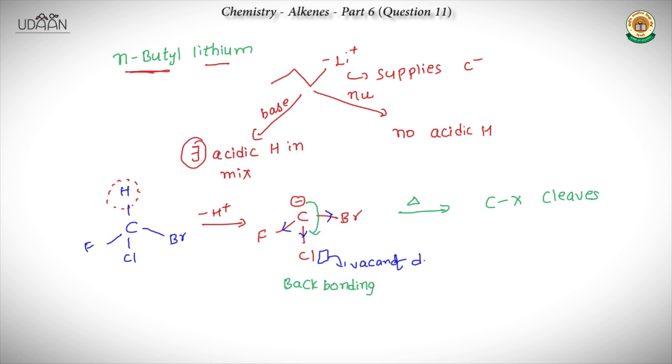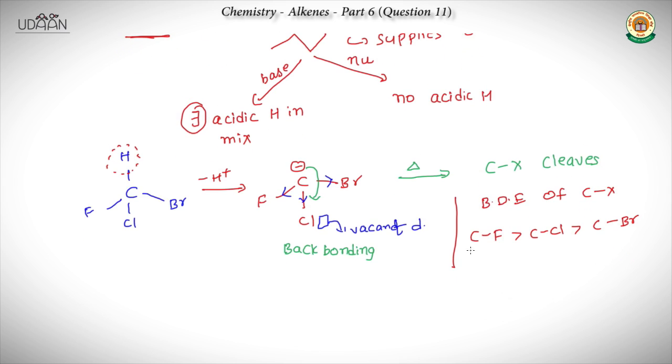If you look into the bond dissociation energy of C-X, you have C-F greater than C-Cl greater than C-Br, because the carbon atom is small in size and fluorine is also small in size.